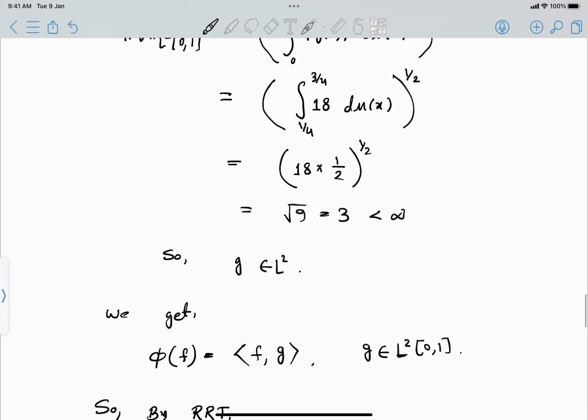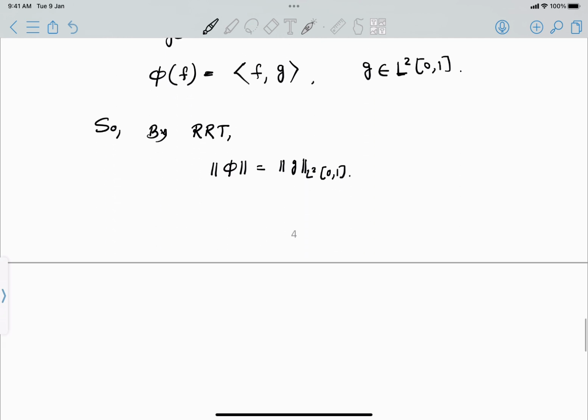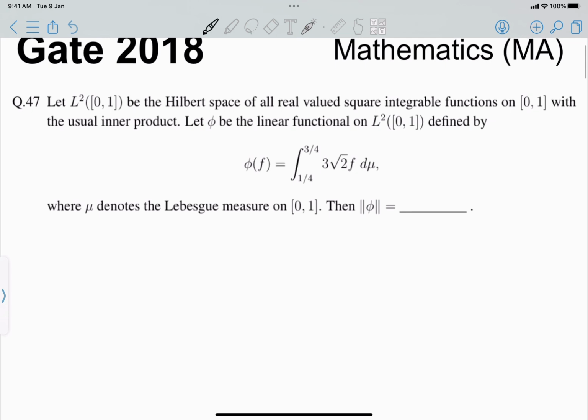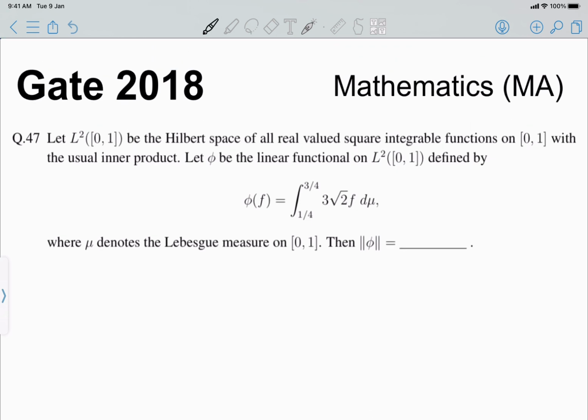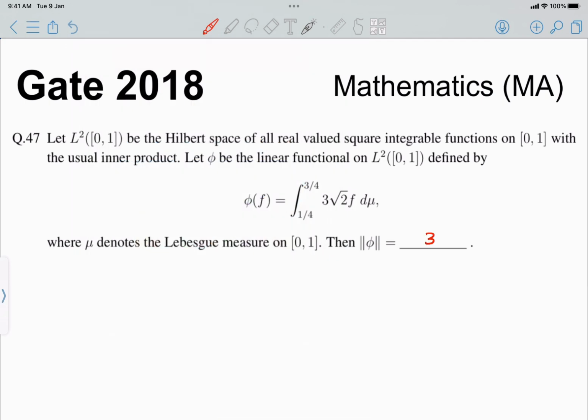And we have calculated this L2 norm of g, which is 3. So therefore the norm of phi is 3. Okay, so 3 is the correct answer.